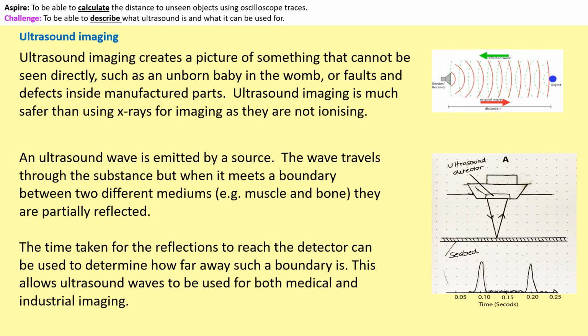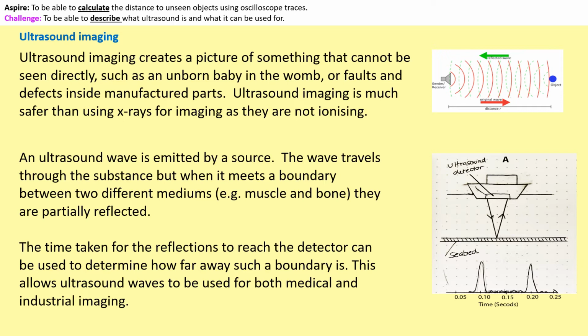There are then some wobbles around, and that's because there might be some fish swimming in the way. So there are a couple of different densities, and you keep getting little bits of noise, little reflections sent back when it encounters anything of different density. But then at 0.20 seconds, there's a big spike back. So that indicates that's probably the seafloor.